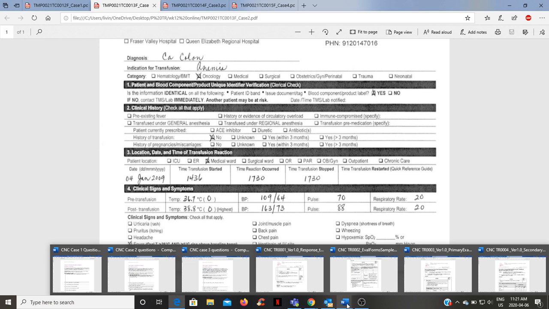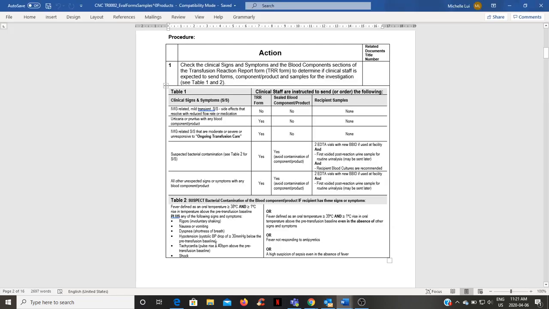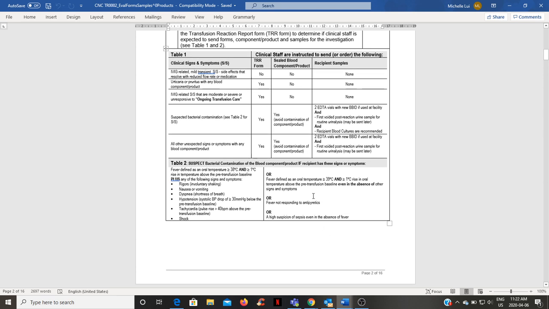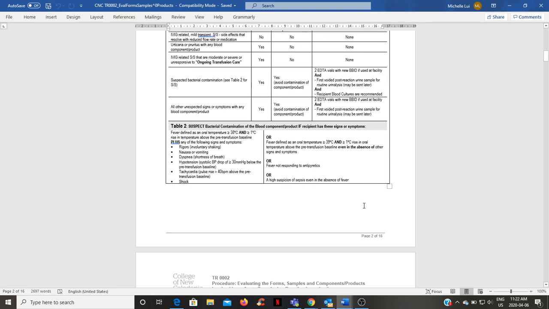So let's go back to here. Okay, so doesn't fit here, doesn't fit here. Or, here's another or, fever not responding to antipyretics. Well, they didn't indicate this, so it doesn't fit in there. Or a high suspicion of sepsis even in the absence of fever. Well, the ward hasn't indicated this either.